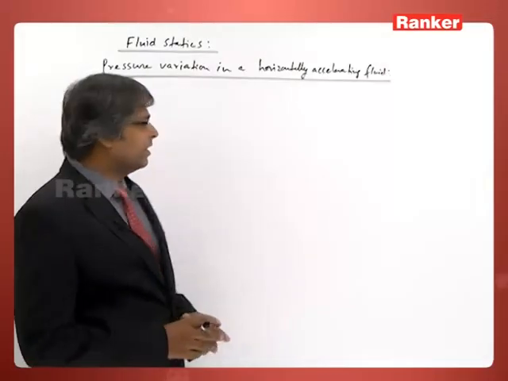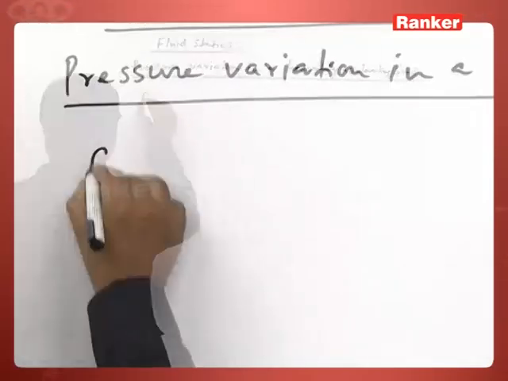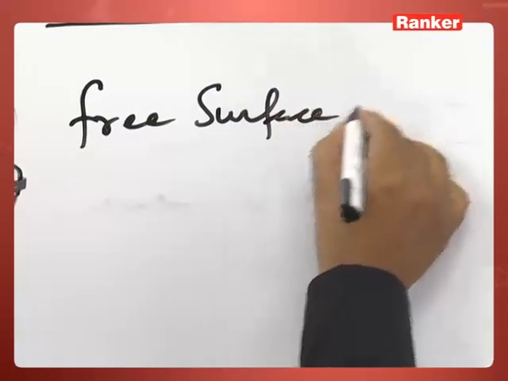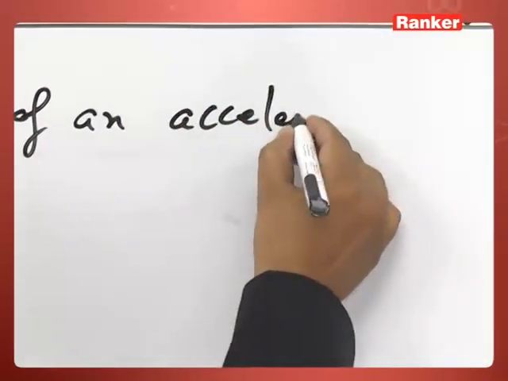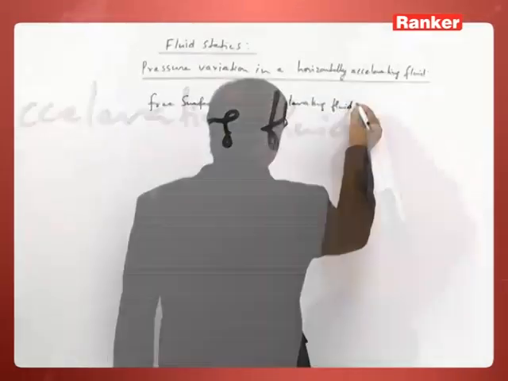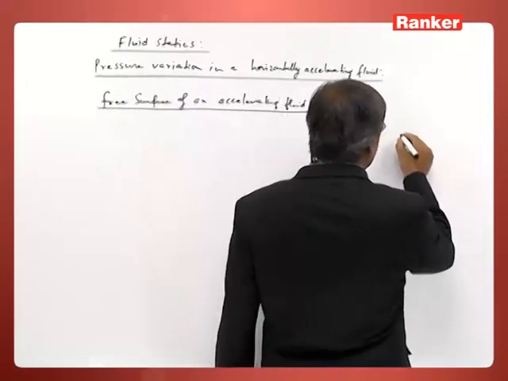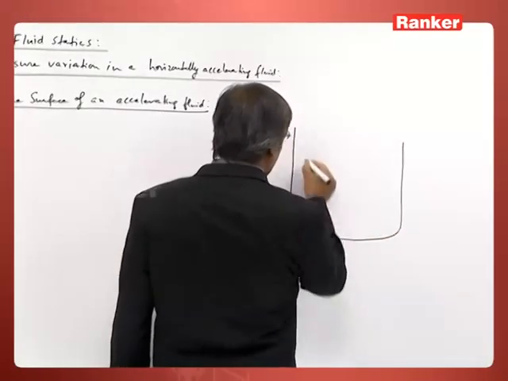Now, let us see the free surface of an accelerating fluid. So, the fluid is accelerating horizontally. Let us see the free surface, equation of the free surface.